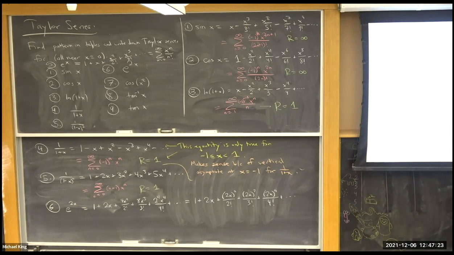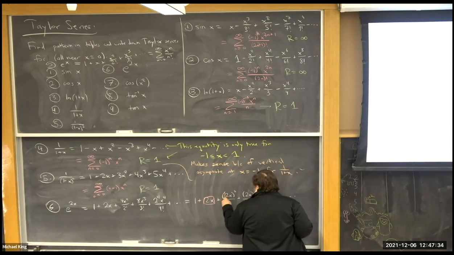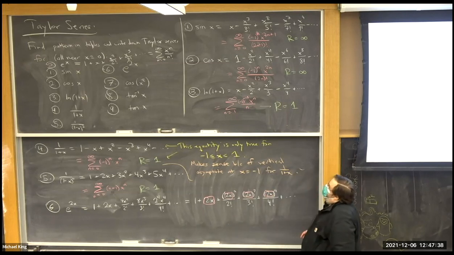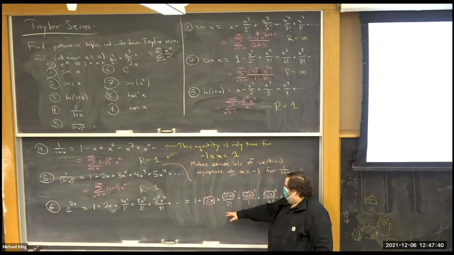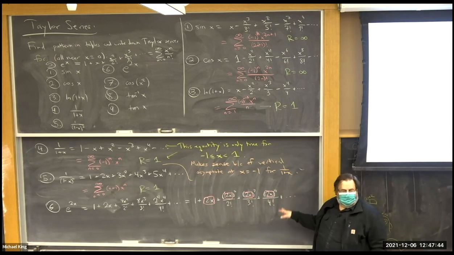So I think there's something important here that may not be jumping out at you yet. What if I just cover these up? What does that look like? 1 plus blah squared over 2 factorial plus blah cubed over 3 factorial plus blah to the 4 over 4 factorial.